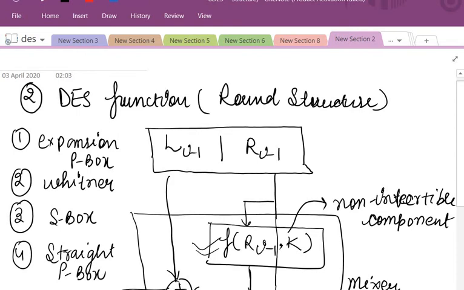These are the four components inside the non-invertible function that is called the DES function.